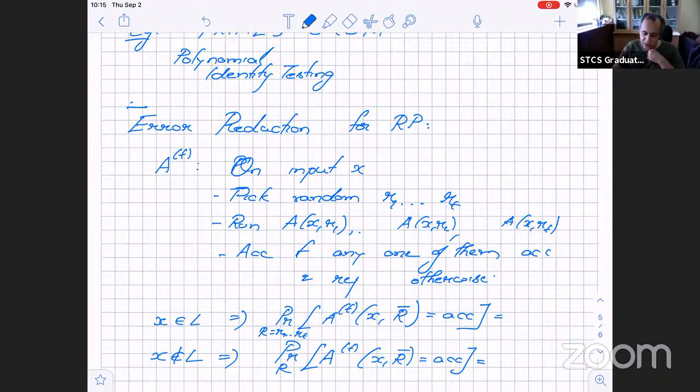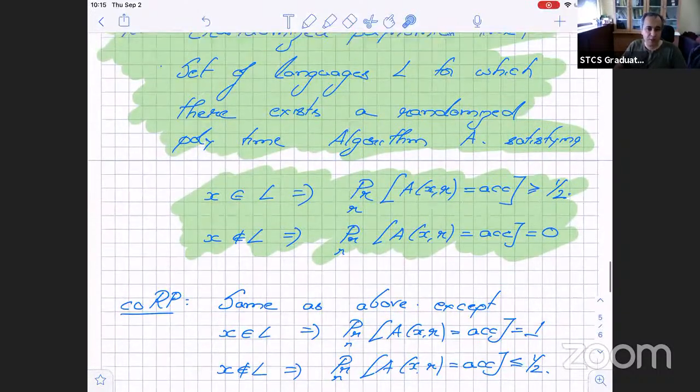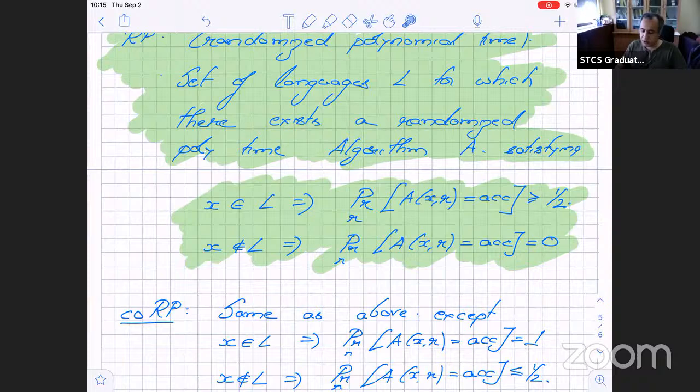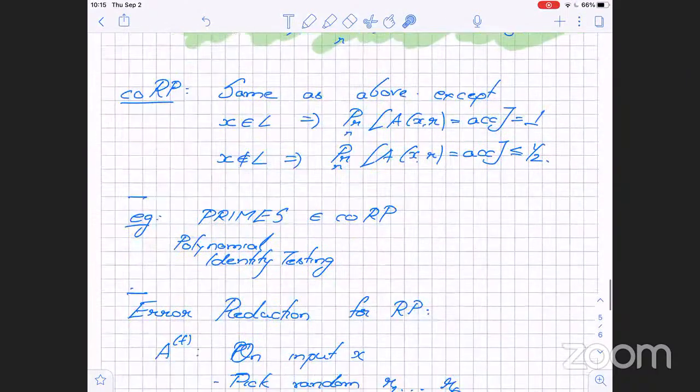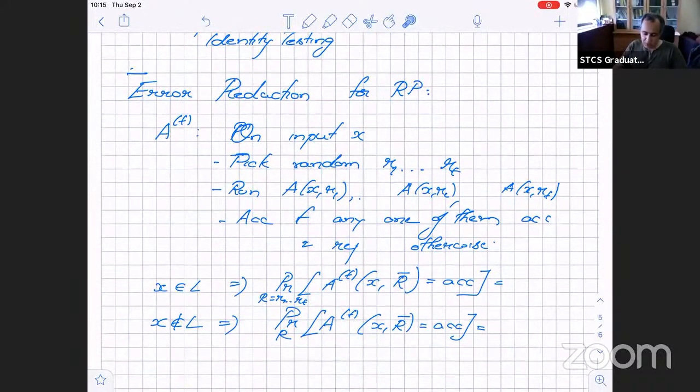Let's ask for the bottom case. If x is not in the language and I repeat it t times, what's the probability that any one of the repetitions will accept? Originally A has this property: if x is not in the language, the probability of accepting is 0. So the probability that any of the t runs accepts is 0 again. It will still remain 0.